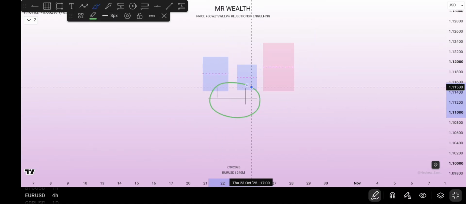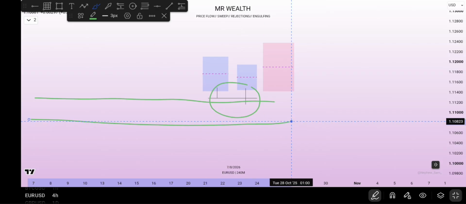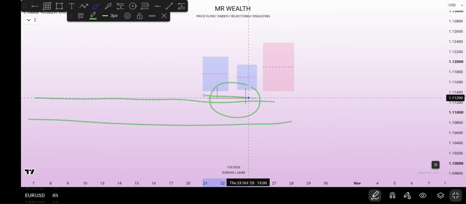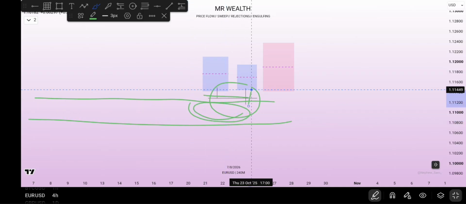This is what we call a liquidity candle. We have a 4 hour zone here that it dipped into, swept this liquidity, clicked the orders inside this 4 hour zone, and rejected and closed.